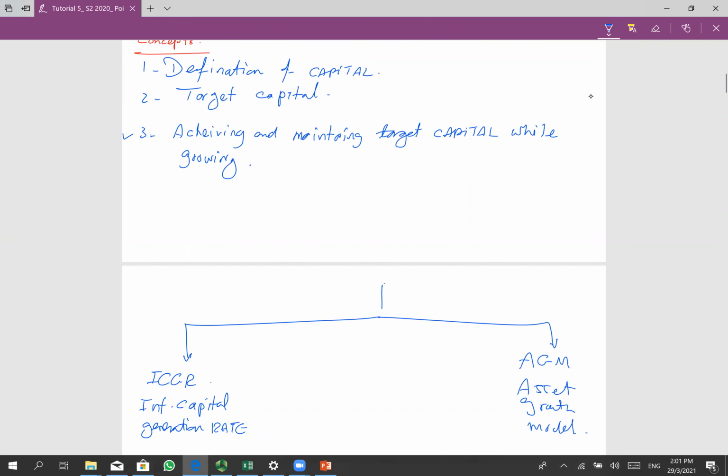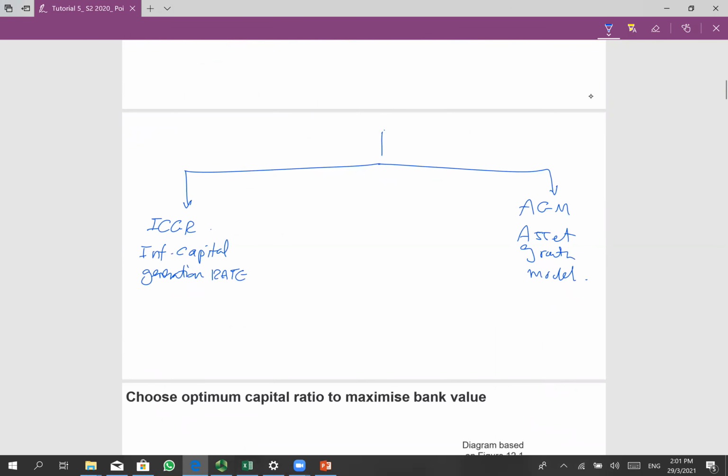Now, this one, for example, will tell me that if you have this capital in time zero over your assets in time zero, this should be the percentage of your capital. Now you are growing and your capital is increasing.